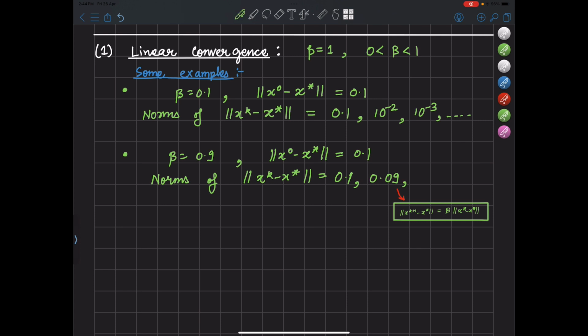Then what will happen next? 0.09 will become 0.081. I think it will be 0.0081 if I'm not wrong.